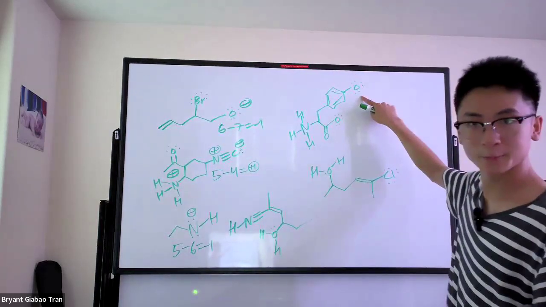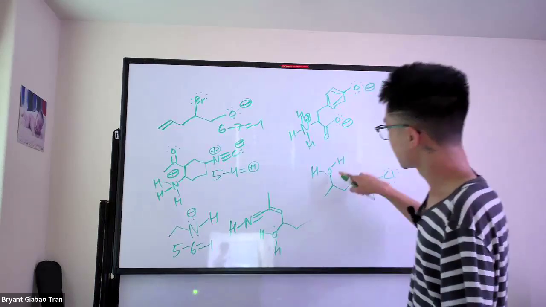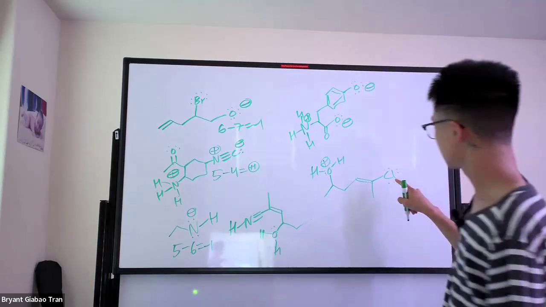This oxygen? 1, 2, 3, 4, 5, 6, 7. -1. This oxygen? -1 as well. Yep. This nitrogen? 1, 2, 3, 4, plus. This oxygen? 1, 2, 3, 4, 5, plus 1. +1. This one, that's it. Right. Okay. Yep.